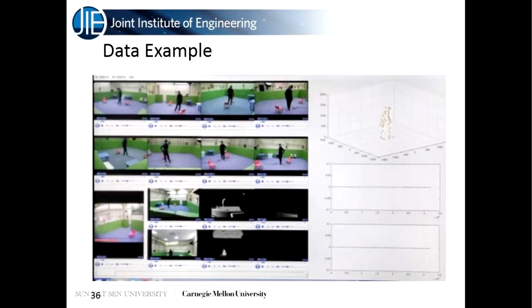And for example, this is one example of the data we collected. This is collected with a student because the kids refused to wear the suit and the motion capture. So therefore, we no longer do that for kids. This is just my student. And you can see you have multiple cameras and eye motion capture. You have Kinect, and in the left lower corner, that is a wearable eye tracking device generating real-time video.